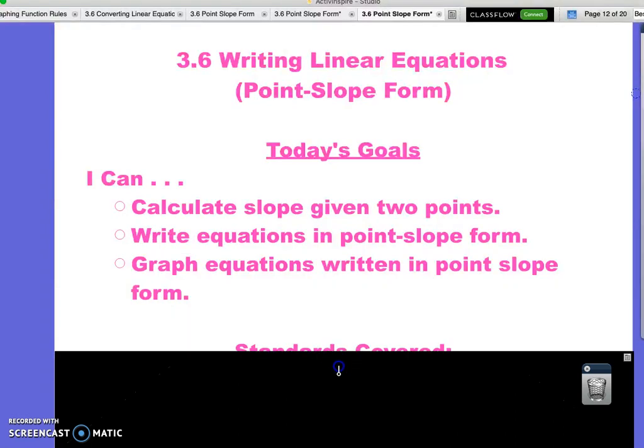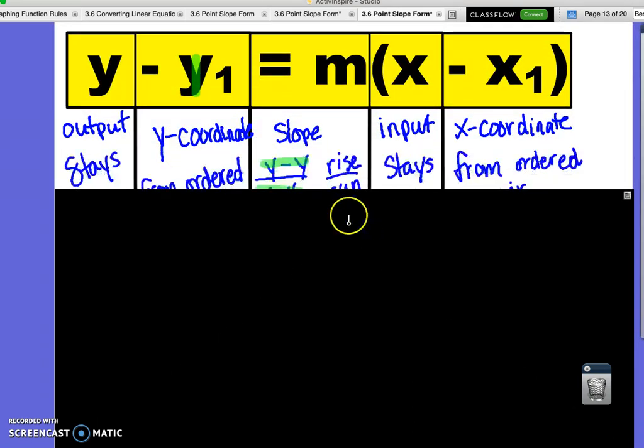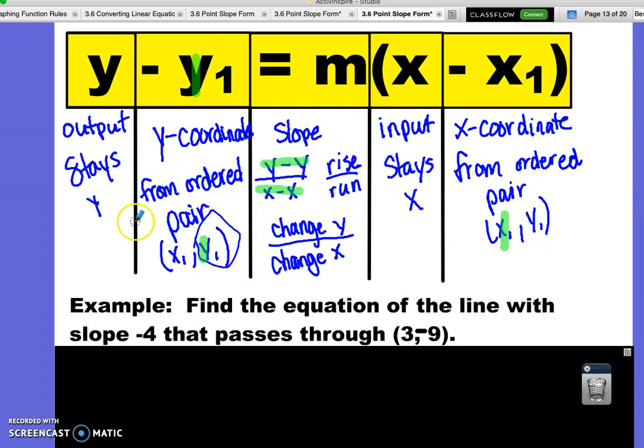All right, so today we're going to be graphing equations written in point slope form. Again, this is a little review: the y stays y, we get minus, and then we're going to pull that y coordinate from the ordered pair. We're going to place it here. M is the slope. Have to remember that it's y minus y over x minus x.